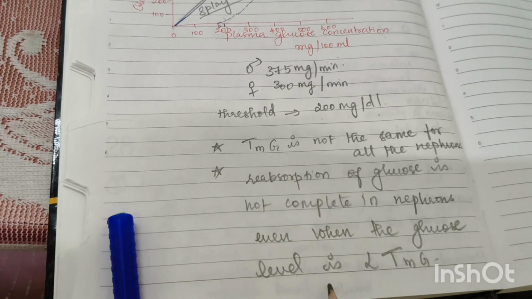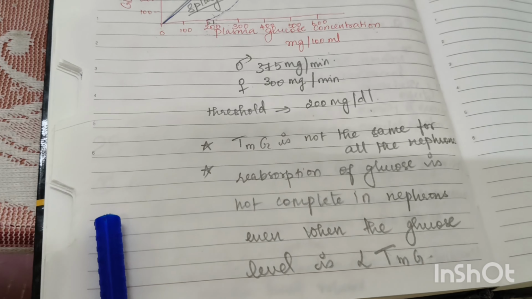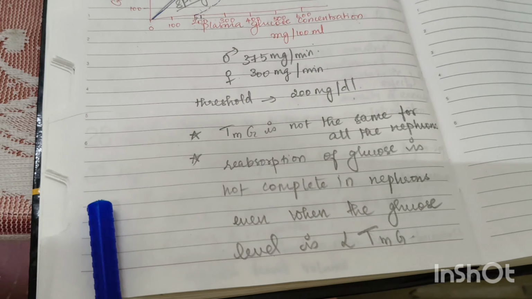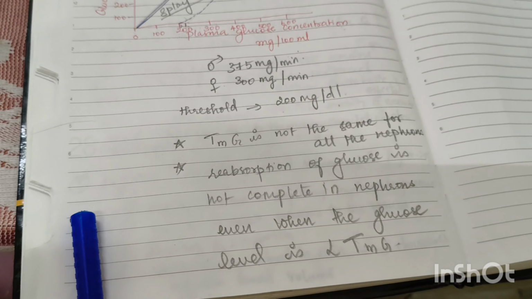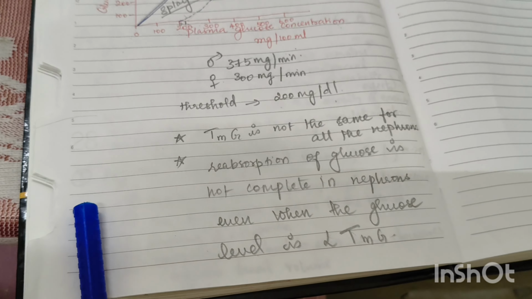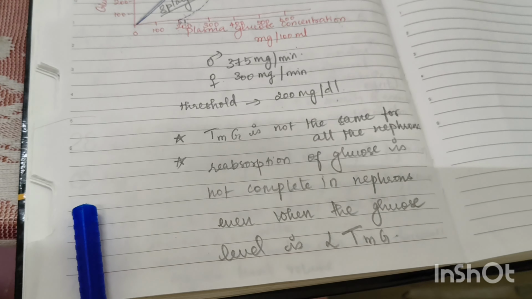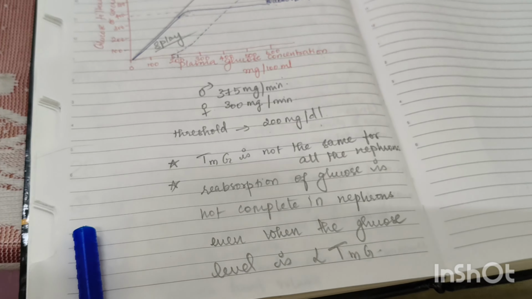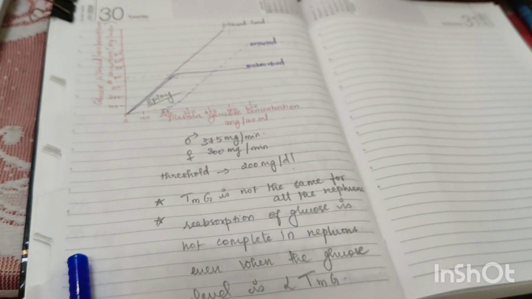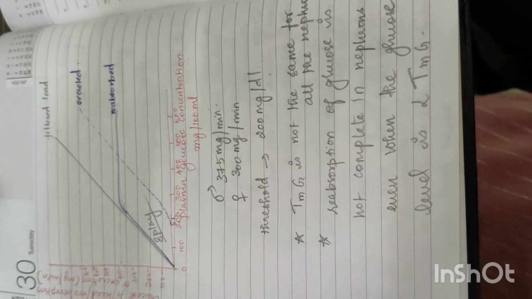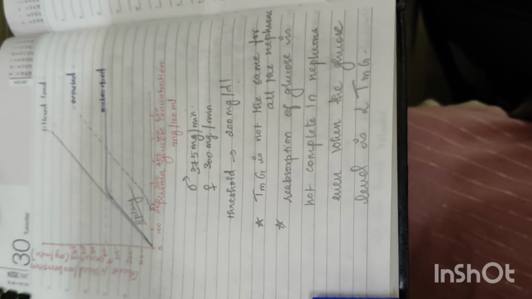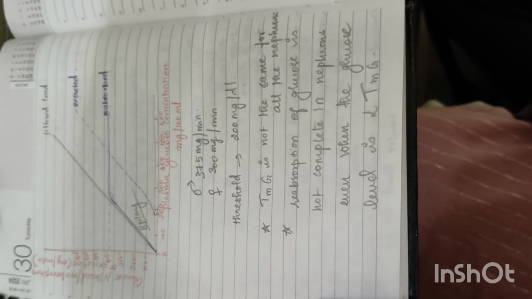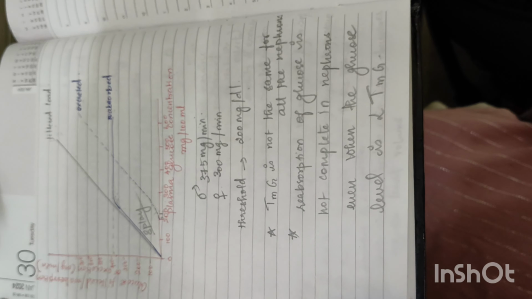Even when this level is less, the nephrons are not completely reabsorbing. That is why there is a difference between the threshold and transport maximum, and all the nephrons do not have the same transport maximum. So this is the reason for renal splay. Hope you understood. So this is the graph. Thank you. We'll see another reasoning out question shortly.